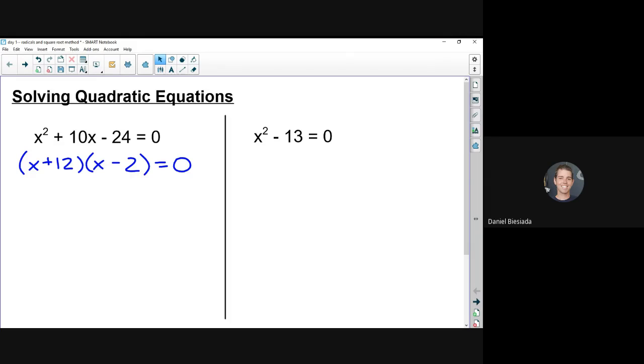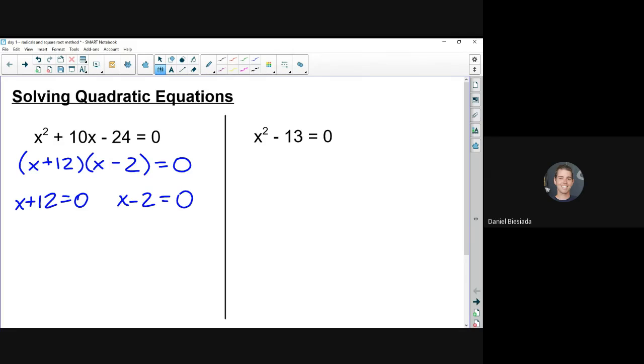So in the last couple weeks, we spent a lot of time doing questions that look like this first one on the left. As you can see in that equation, x squared plus 10x minus 24, I've gone ahead and factored that one. I already did my check. And then I would use my zero product property to split these two factors up, setting both of those equal to 0.